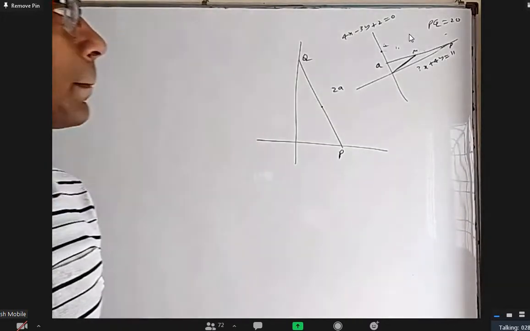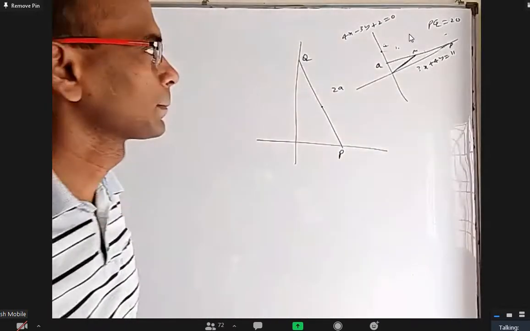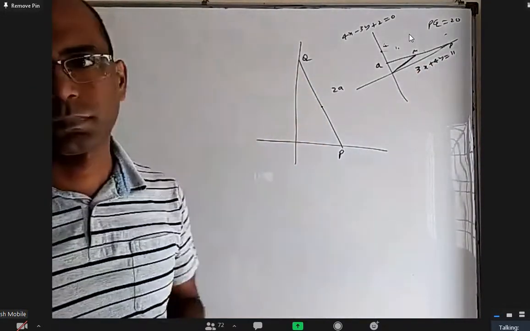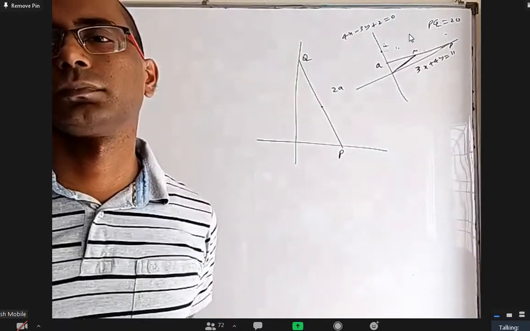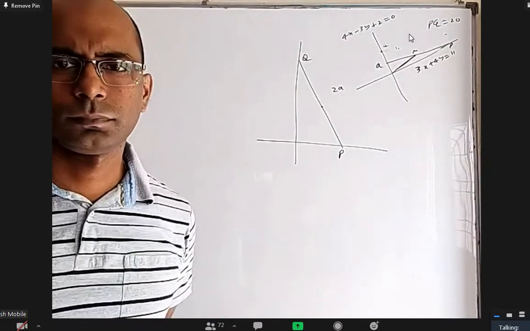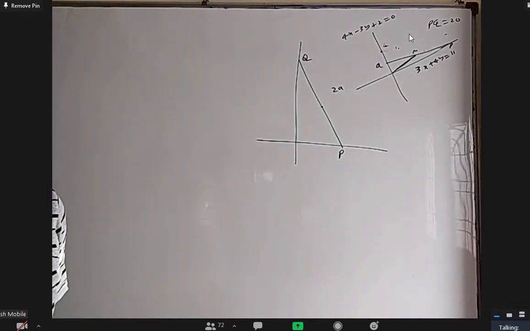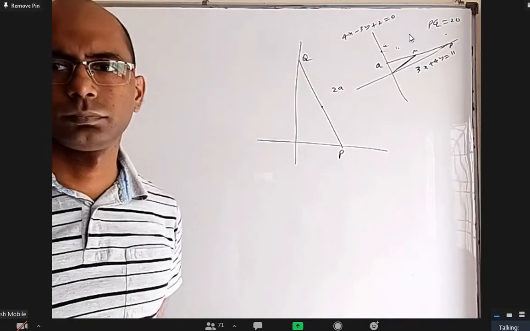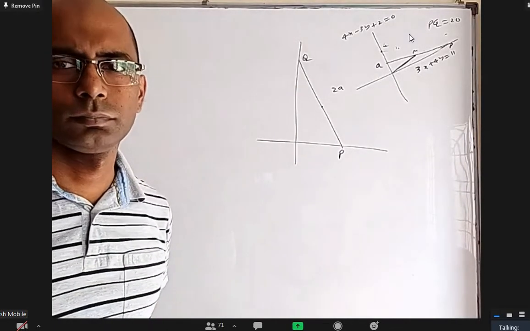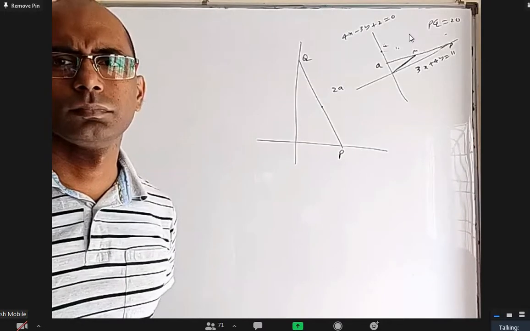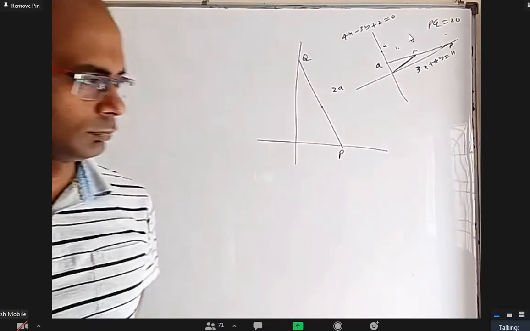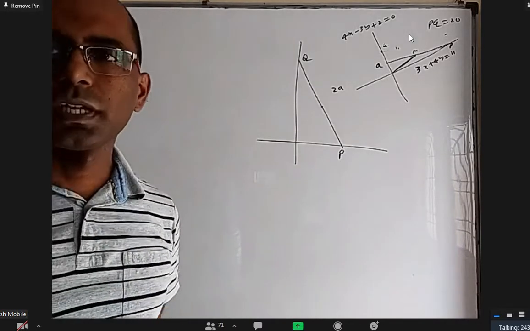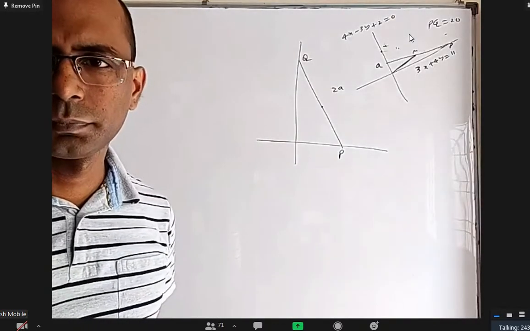Let's check it once again. Sir, yes, please. 3x plus 4y equals 11.